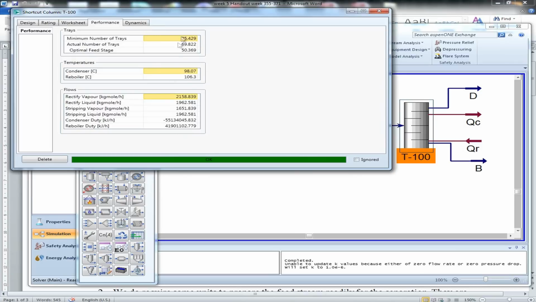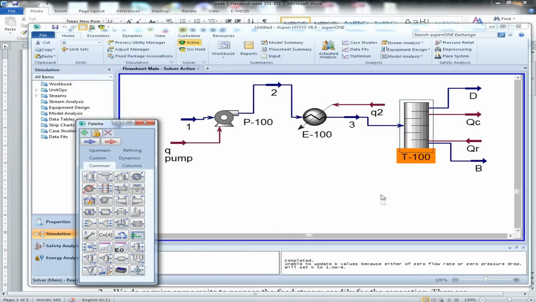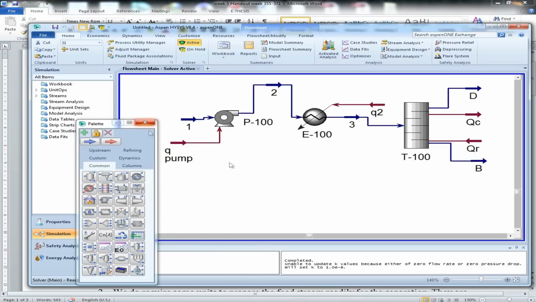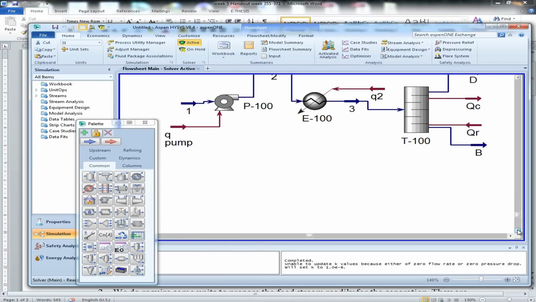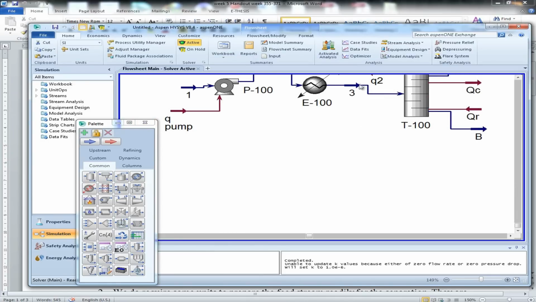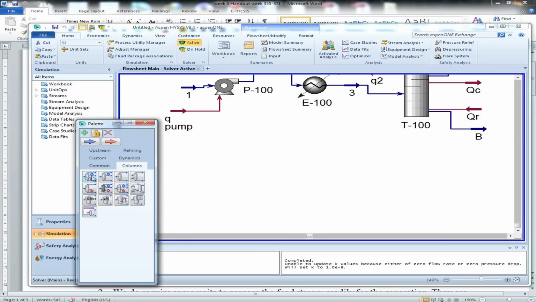So this will be used for the rigorous one. What we're going to do is work on the rigorous column by using this information.